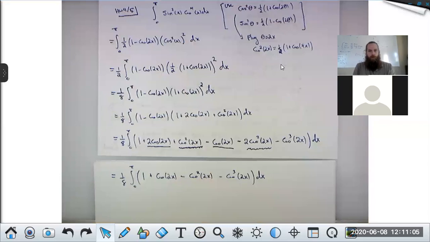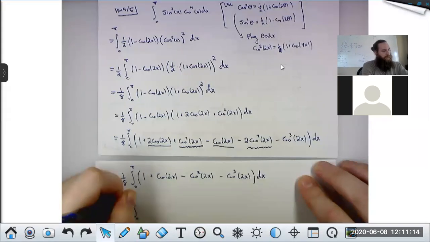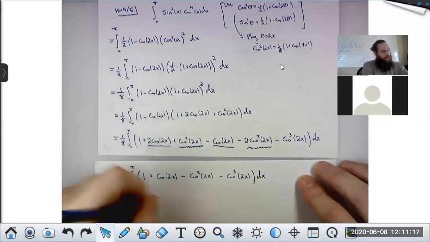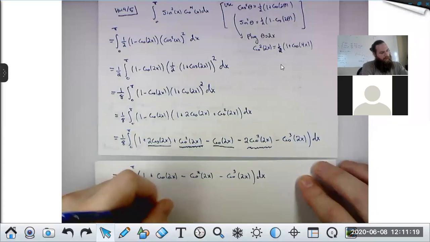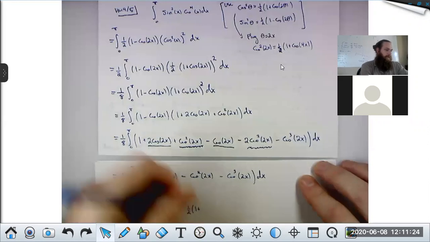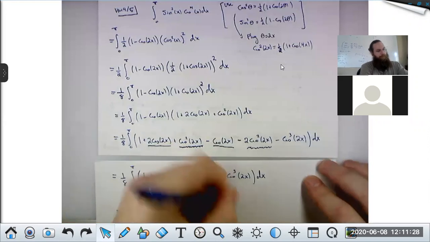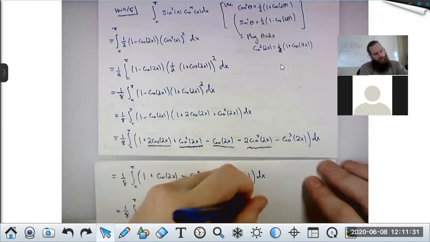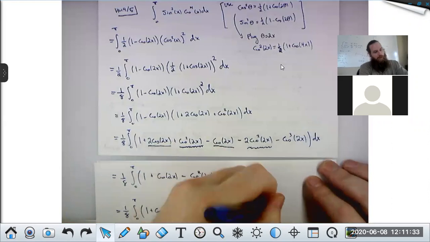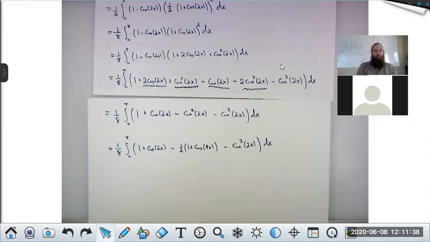The cos cubed 2x term is actually easier to handle than that. But first, let's just come down here and write what we've got. And then again, I'll combine like terms. So that gets me to here.